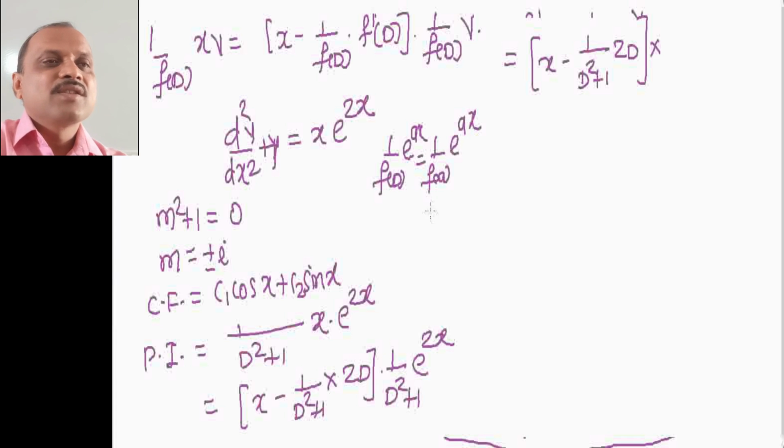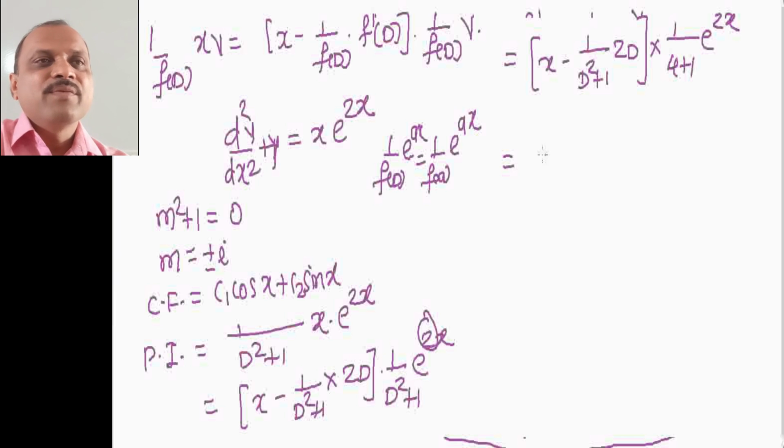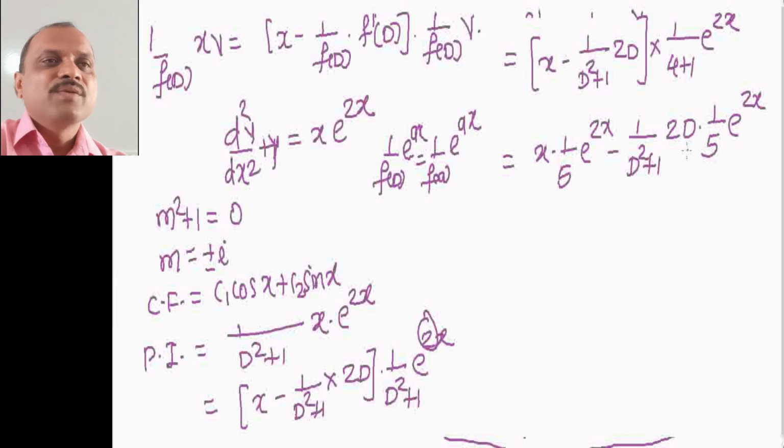So a is 2. Putting 2 here, we get 2² is 4, plus 1, so 1 upon 5 e^(2x). Now this equals x into 1 divided by 5 e^(2x) minus 1 divided by D² plus 1, 2D operating on 1 divided by 5 e^(2x).